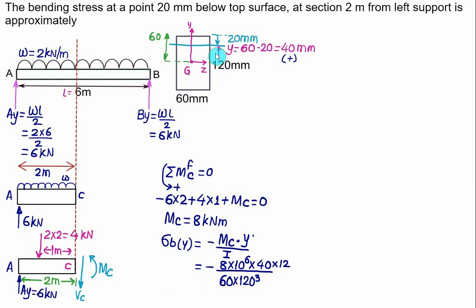It means that we have a compressive stress at a distance of 40 mm from the centroid, or 20 mm from the top fiber. So here the bending stress at distance y is a negative value, 37 megapascal. 37 megapascal is a compressive stress.